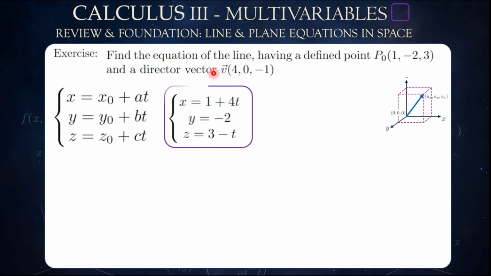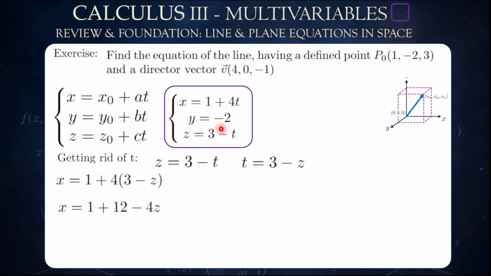Then x is equal to 1 plus 4t, y equals 0t minus 2, which is minus 2, z equals 3 minus t. Let's get rid of t and see what happens. So z equals 3 minus t, then t equals 3 minus z. We will replace the value of t in the first equation.